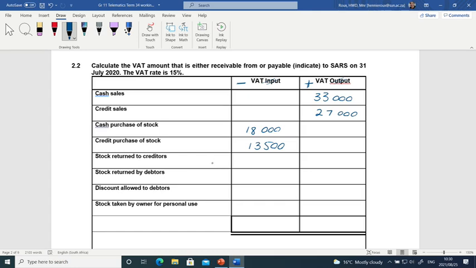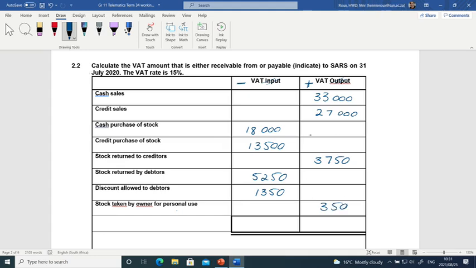Stock returned to creditors will increase the amount payable to SARS. Stock returned by debtors, we sold, now they return, so it will decrease. Discount allowed to debtors, we started off by increasing, now we allow discount, so it will decrease. And then the stock taken by the owner for personal use will increase.